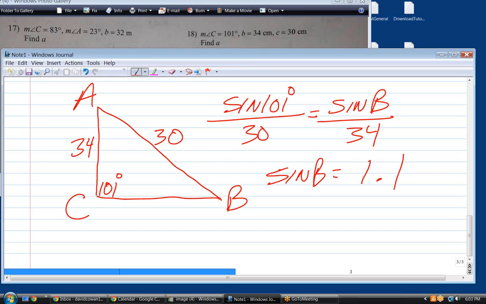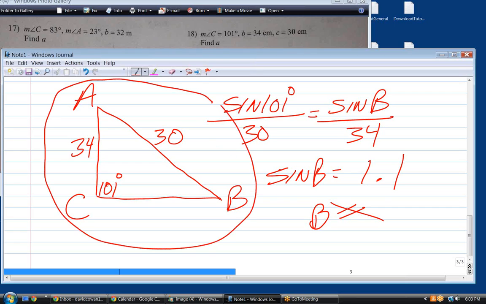And what is the problem with that? It's bigger than 1. In other words, there is no angle B that is equal to that. It means this is an impossible triangle. And we should have seen that from the get-go because I had a side opposite what has to be the largest angle in the triangle that wasn't the biggest side.